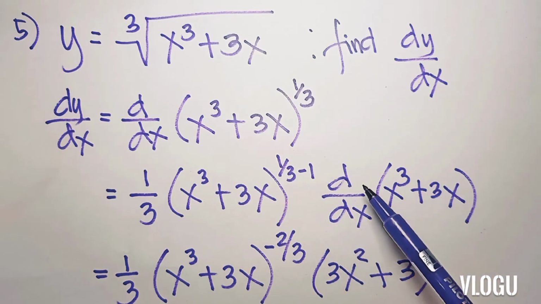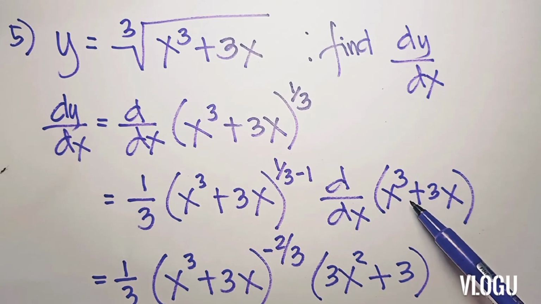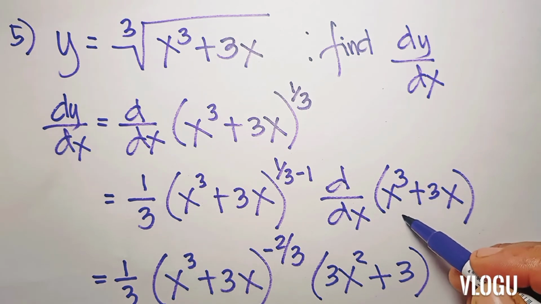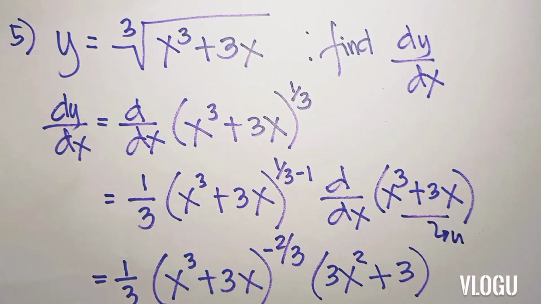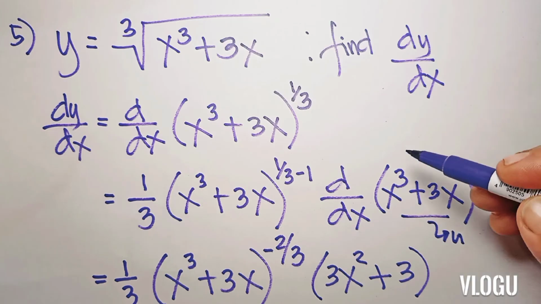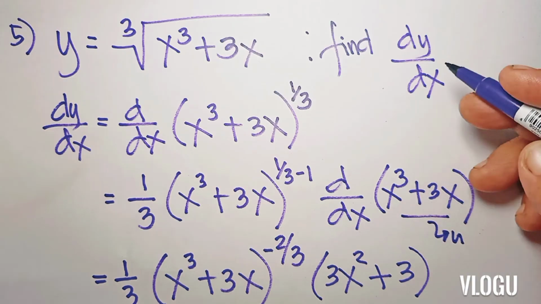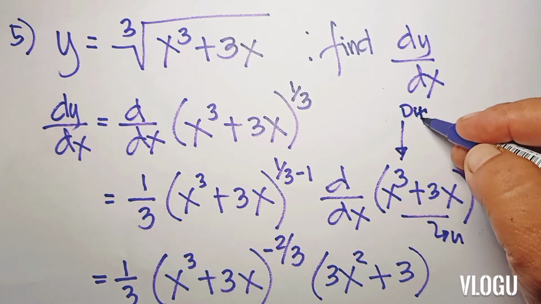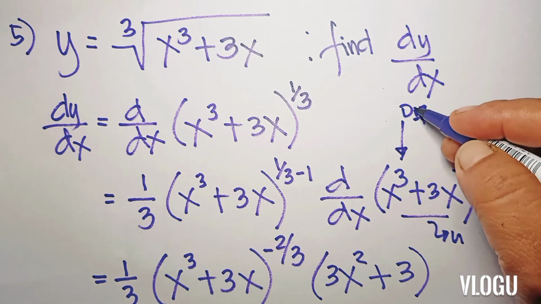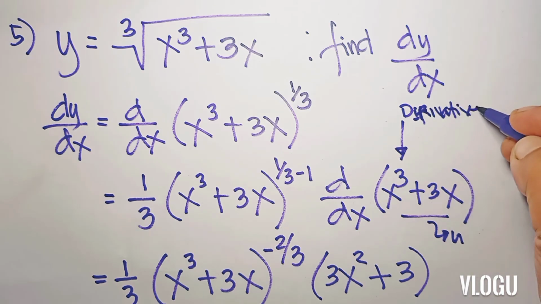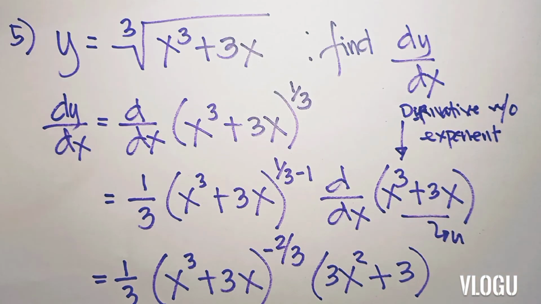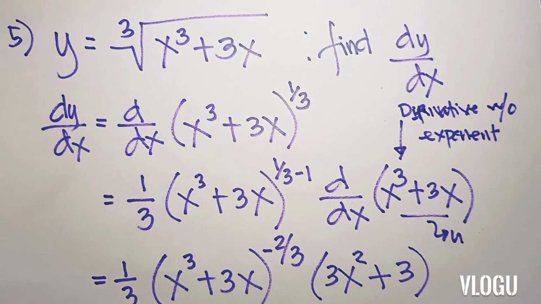Then you will have the derivative without exponent. That is x cubed plus 3x. So this one here is now your u, and the derivative is du/dx, the derivative without exponent.